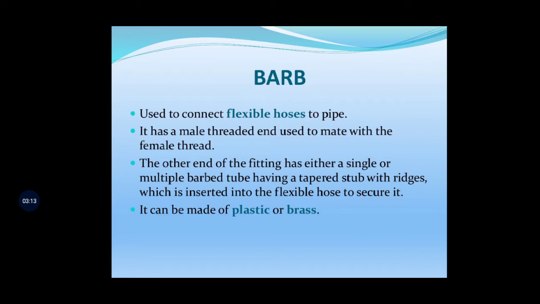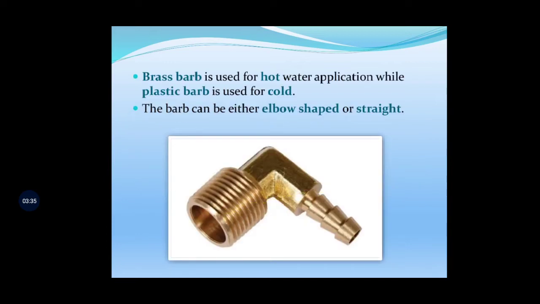Next is the barb. This is used to connect flexible hoses to the pipe. It has a male threaded end used to mate with the female thread. The other end of the fitting has either a single or multiple barbs, a tapered stub with ridges, which is inserted into the flexible hose to secure it. It can be made of plastic or brass.